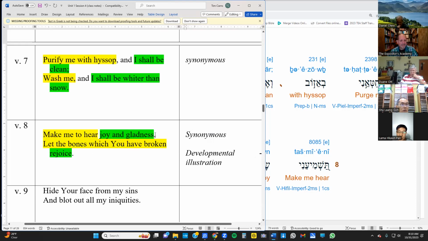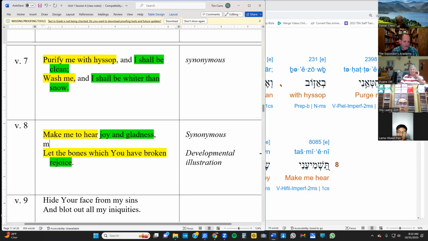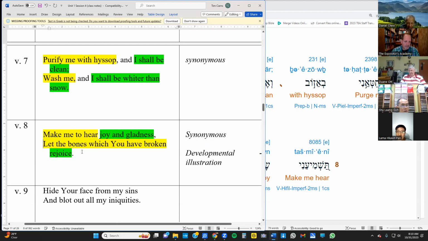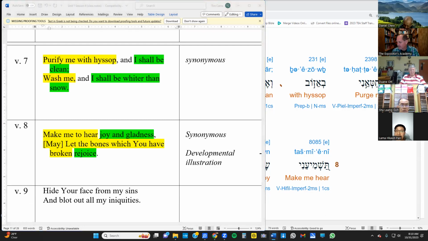If he had said something like, make the bones which you have broken rejoice, I would see more of the synonymous idea. And maybe that is the case, he could be expressing this in a prayer, may the bones. You know what? Maybe so. Yeah, that would be more of a synonymous idea.